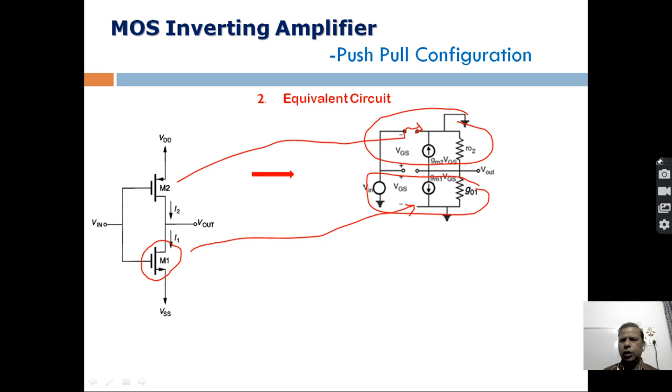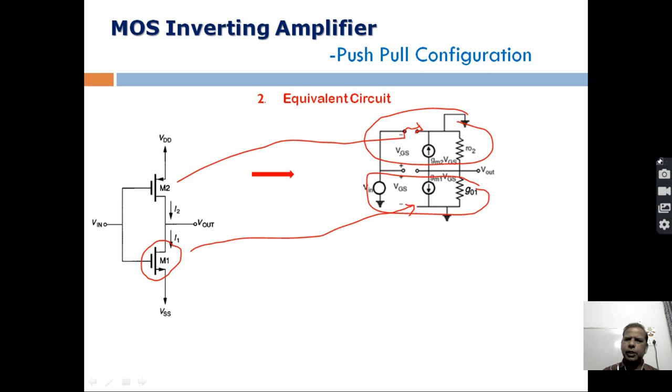You see this is the output, and this equivalent circuit is very simple. You know the equivalent circuit of a simple MOS device, it's almost the same thing. There is a constant current source, the gate source voltage controlled current source, and the output conductance of M1, and this is the input side, and this input voltage is connected to both. And here you see this is an open circuit because no current is possible here in this device.